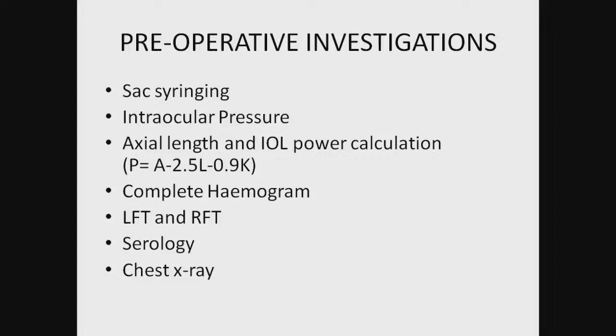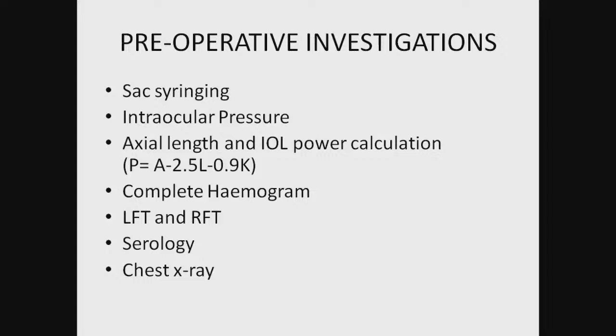And you know the treatment of expulsive choroidal hemorrhage is evisceration. So the patient is coming for vision and you are doing evisceration, that is not good. That's why intraocular pressure should be normal at the time of surgery.